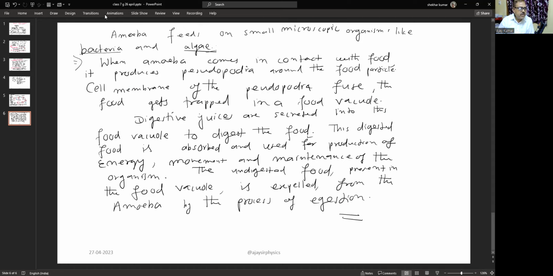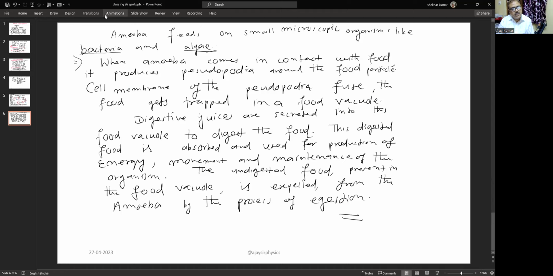Nutrition is carried out as the food materials enter the food vacuoles and the digestive juice digests them. The absorbed food is utilized for the production of energy, the movement of the pseudopodia, as well as the maintenance of the organism.